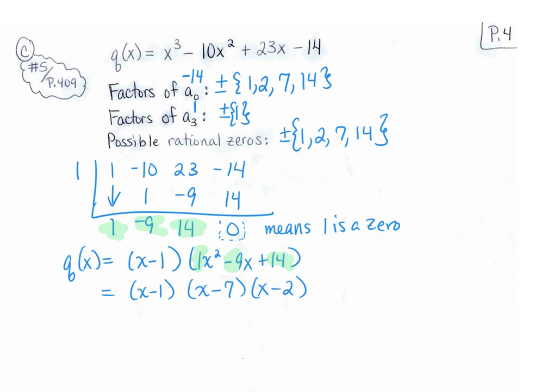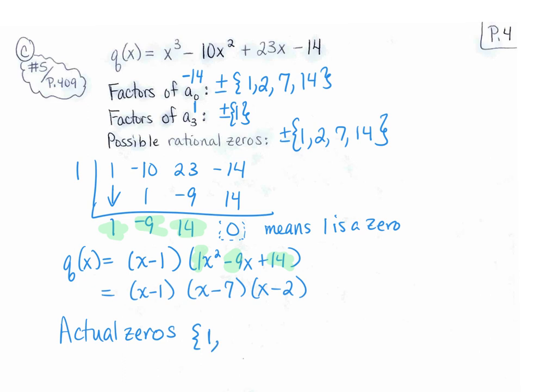Are we done? Partially. What's left? The actual zeros. Very good. Your actual zeros. So we have to finish because we found 1 was a 0.